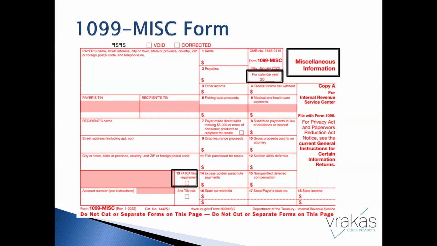If you do complete something, say you have on the 1099 miscellaneous other income in box 3, you want to make sure that you're using a period for cents, because if it's $1,000, make sure you have a 0.00, because otherwise the IRS might try to read it a different way. They're formatted to read 0.00.